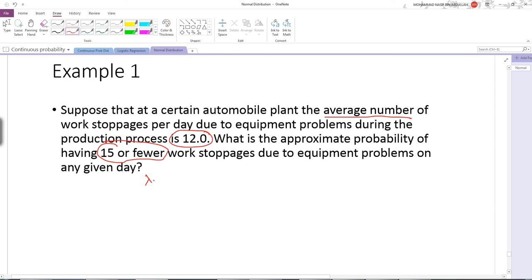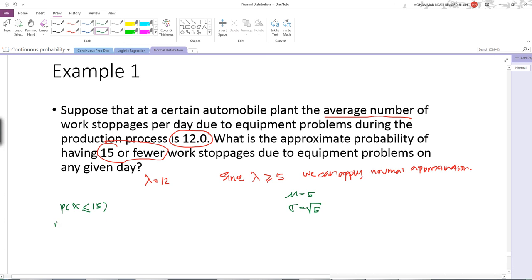So lambda is equal to 12. Since lambda is more than or equal to 5, we can apply normal approximation.